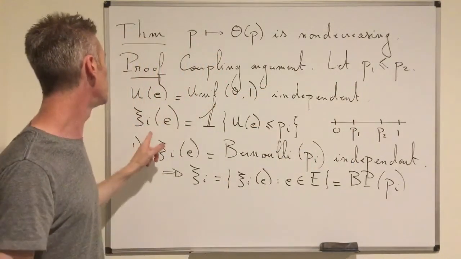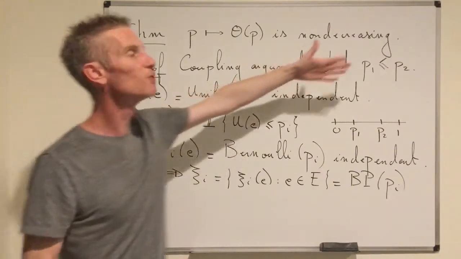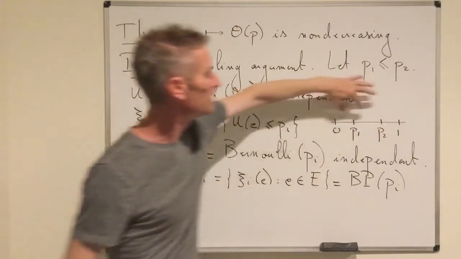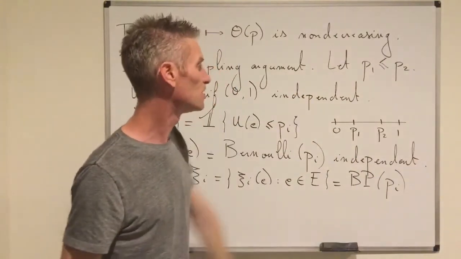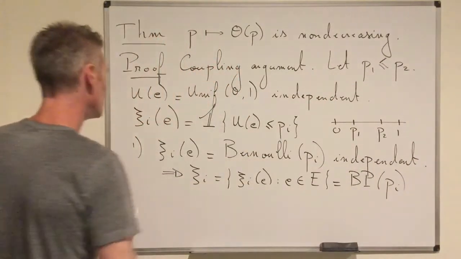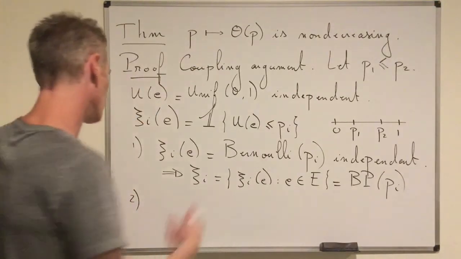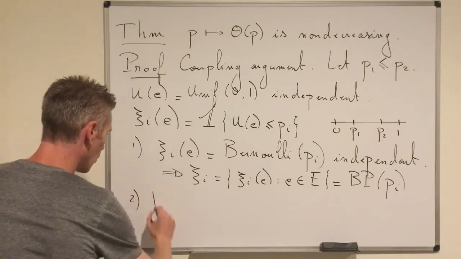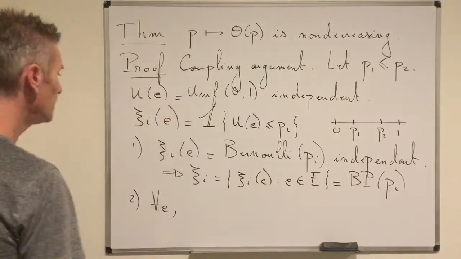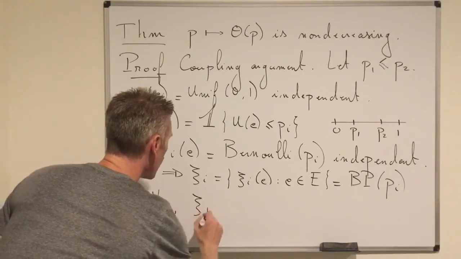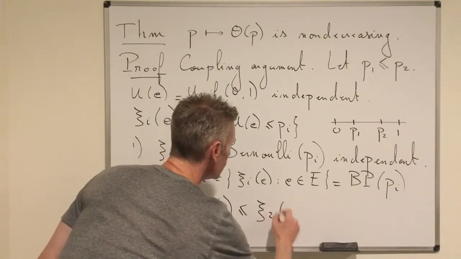So that means that if Xi1 of E is equal to 1, then Xi2 of E is also equal to 1. It's possible that one is 1, the other one is 0, or both are equal to 0. But in any case, you see that a second consequence of this construction is the fact that for all edges E in this set E, we have that Xi1 of E is less or equal than Xi2 of E.